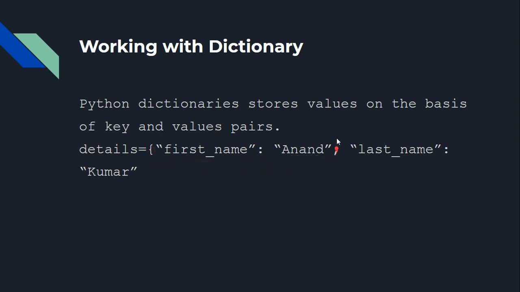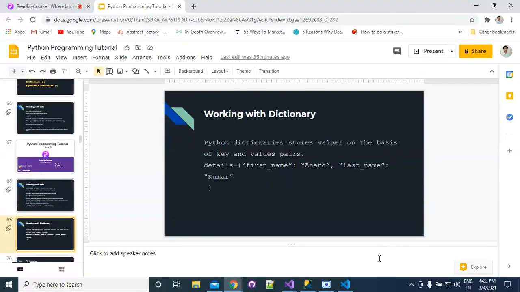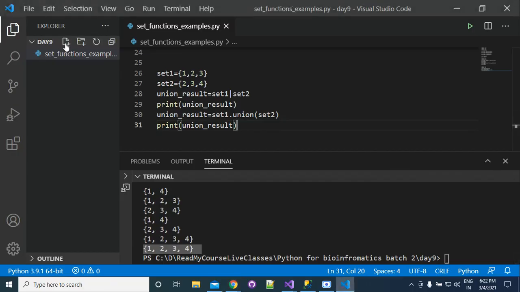This whole will be called one element of the dictionary. So every element will be a pair of key and value. This is called the key and this is called the value. It will be very clear to you if I give you the example.